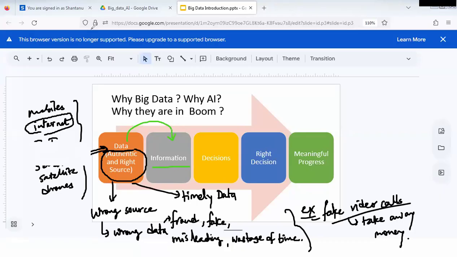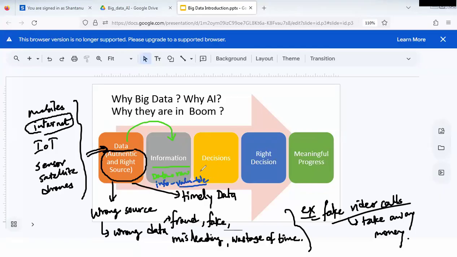Anyone? Difference between data and information? Okay, so data is raw. Data is raw. And when we talk about information, information is valuable.